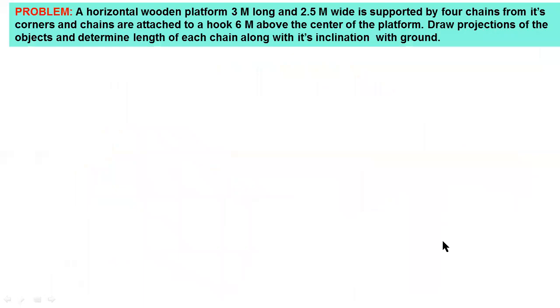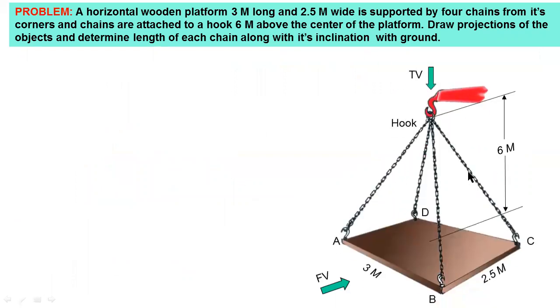Now coming to another problem. A horizontal wooden platform 3 meters long and 2.5 meters wide, like this. This is a wooden platform. The length of the wooden platform is 3 meters and the width is 2.5 meters.